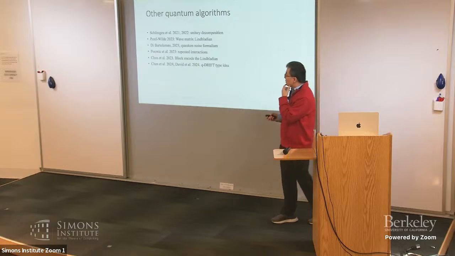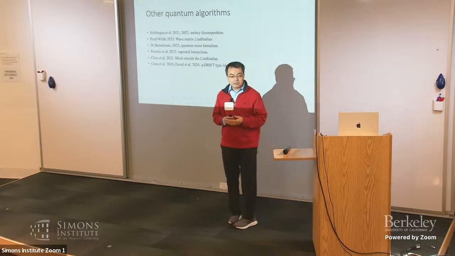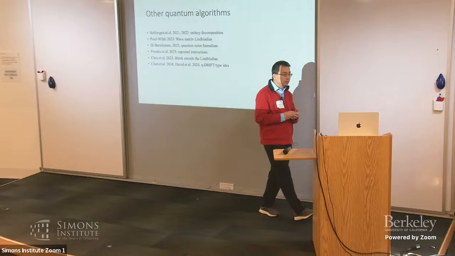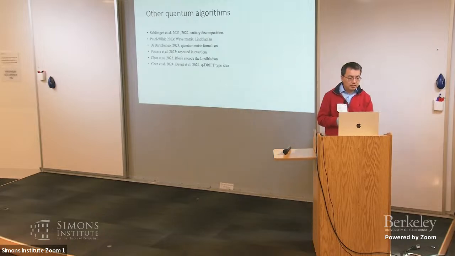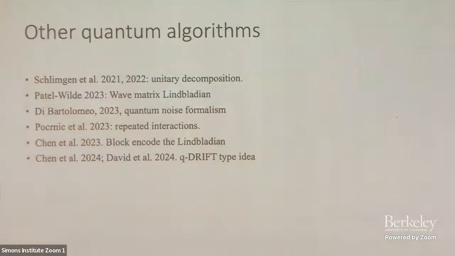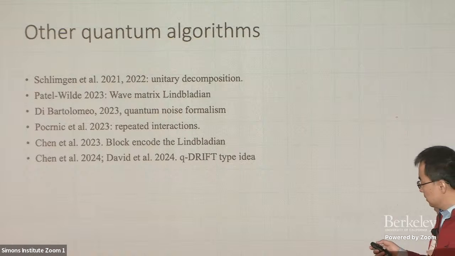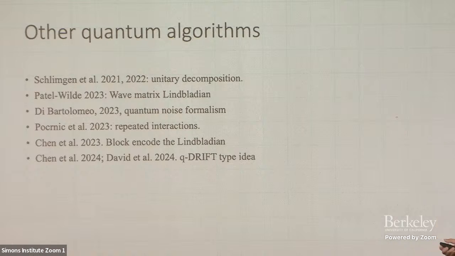In the last few years, there are actually a number of other algorithms, and I'm going to list them here. I'm not going to tell you exactly what they did. Probably Nathan will talk about his paper on repeated interactions. There are some SDE-based quantum algorithms, for example the third one.